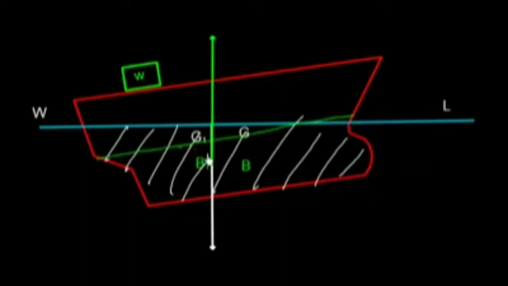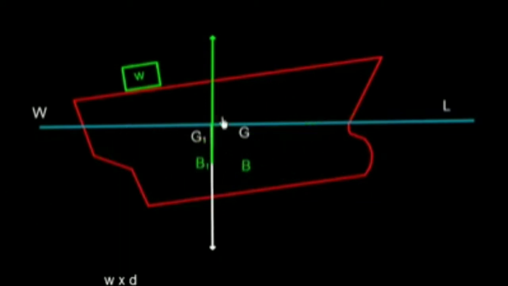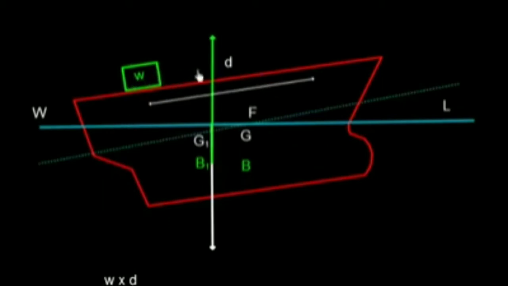Now it is increased, so that means B will also shift from B to B1. And this way the force of buoyancy, instead of from B, it will also move and it will act vertically upward from B1.